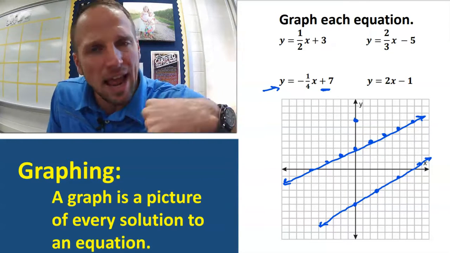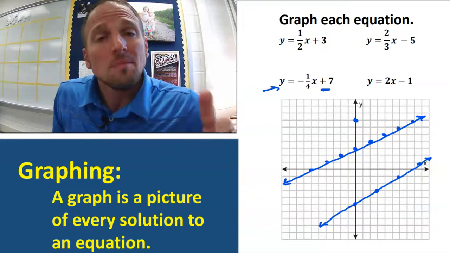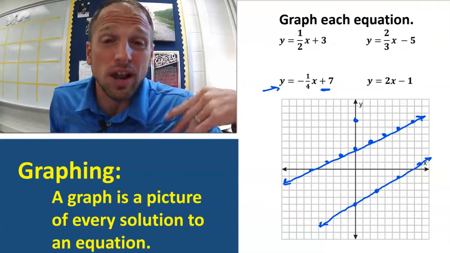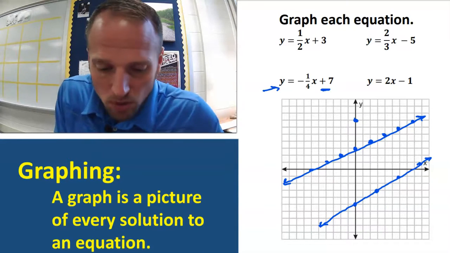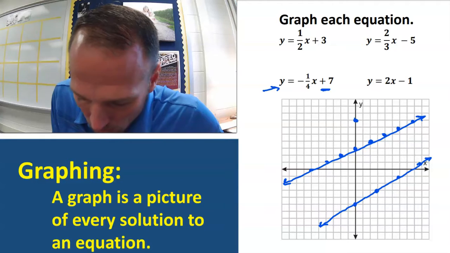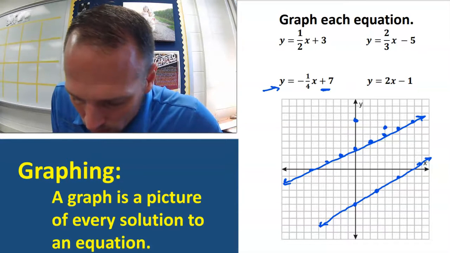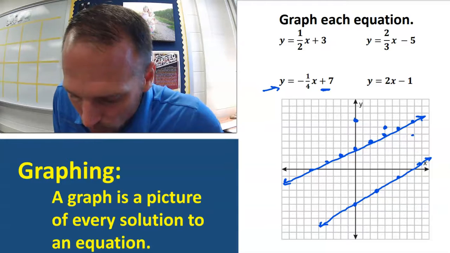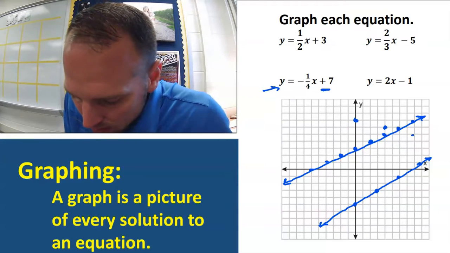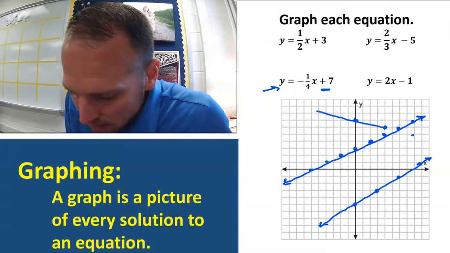So we're going to go down 1 over 4. And we always go over to the right, just like we read. Okay, so we're going to go down 1 over 4, down 1 over 4. And this is going to give us a pretty nice start for the graph.